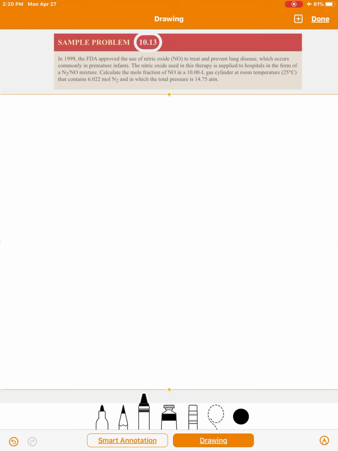So we're going to find the mole fraction of NO. The symbol for mole fraction is X, and we're doing it for NO. So the mole fraction of NO would be the moles of NO divided by the total number of moles.